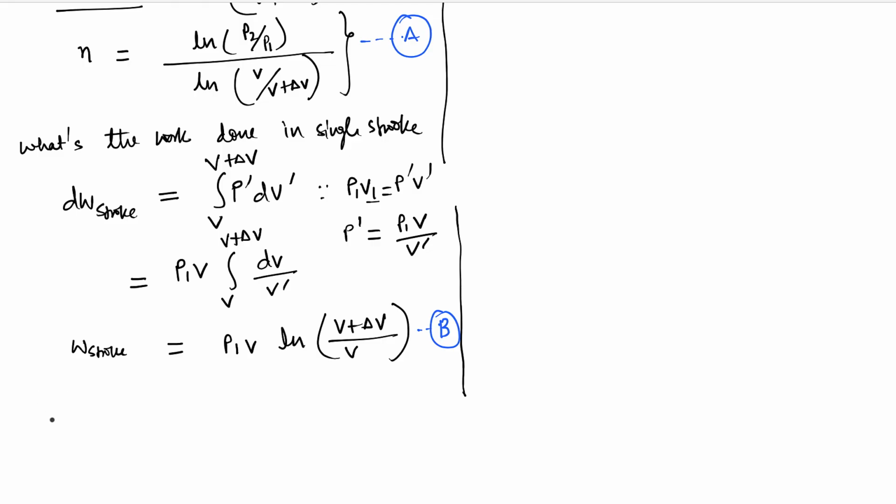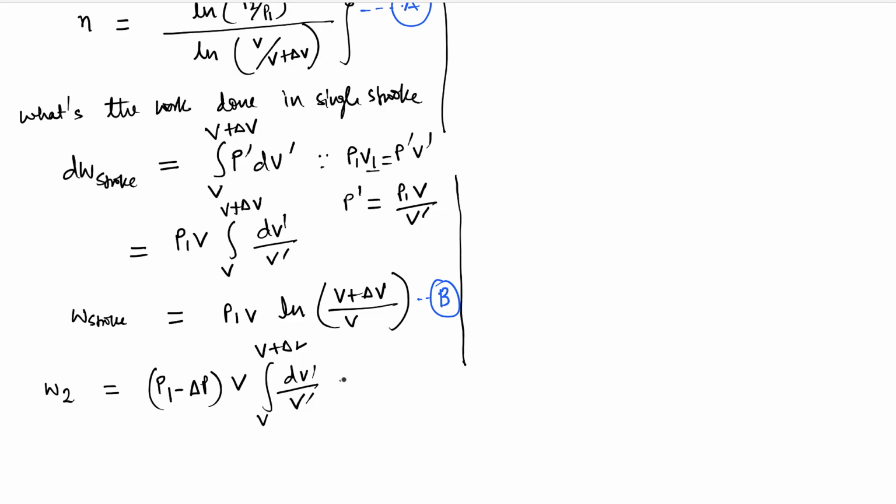Now, how do we compute the work done for the entire n number of strokes? So let's see what is the work done by the second stroke. Let's call this W2. So we can use the same equation, with P1 - delta P, because that's the pressure now, V, and the same dV prime by V prime, still going from V to V plus delta V. Hence this will be nothing but (P1 - delta P) V ln((V + delta V) by V).